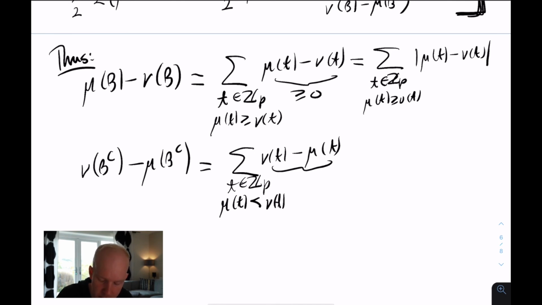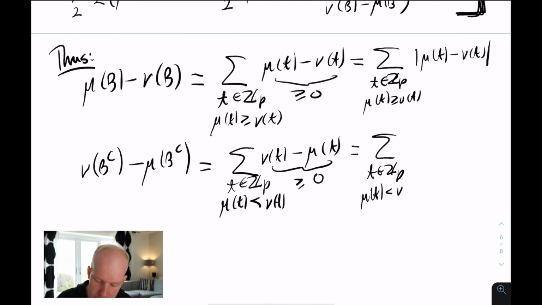But remember this is again positive, because in this set μ(t) is bigger. So again I can put the absolute value inside: the sum over t in Z_p, when ν(t) is strictly less than μ(t), of the absolute value.